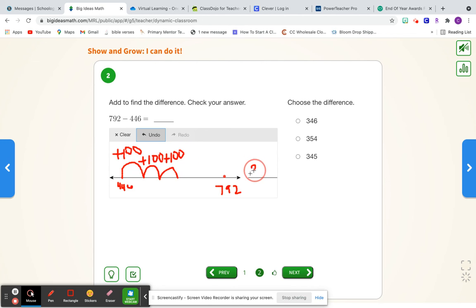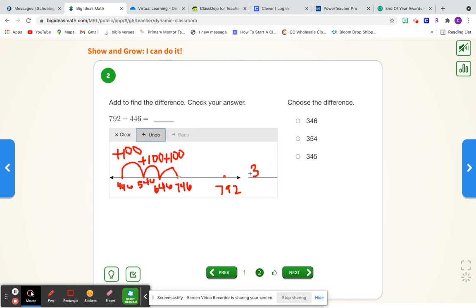So we have 300s. We can go ahead and put that right there. And that's all the hundreds we can go up.